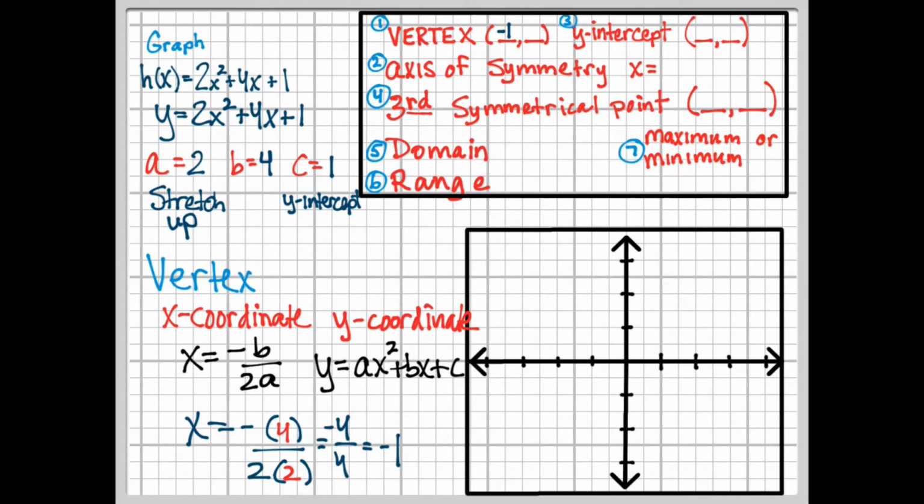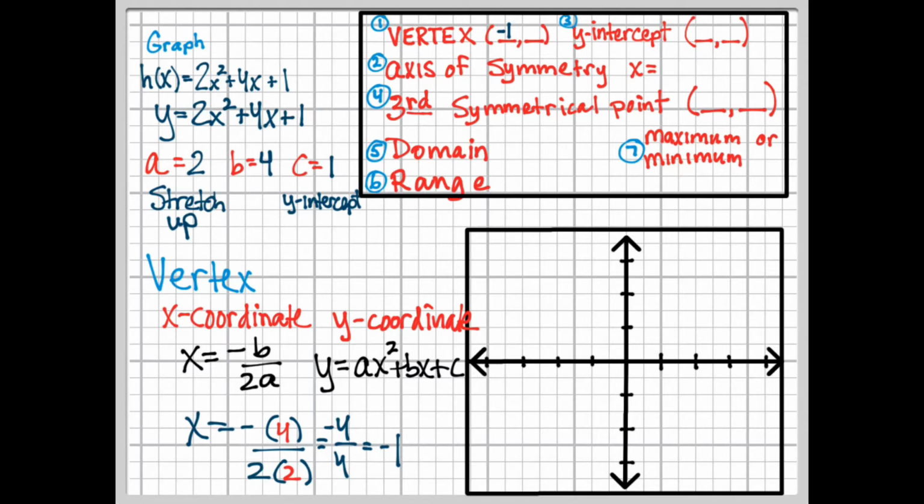Now we need to find the y-coordinate. We're going to put in our a value, our b value, our c value, and our x value, and calculate what the y-coordinate is going to be.